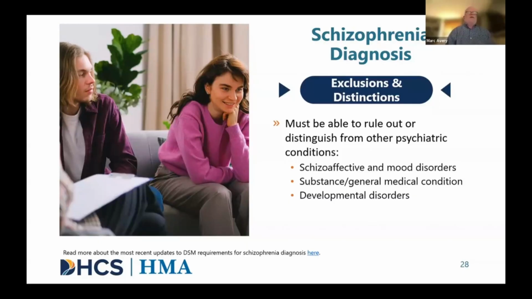You also have to rule out that the psychosis is due to a substance use condition, as that would make the other diagnosis the correct one, or a general medical condition. Again, an alternate diagnosis would be correct. And it can't be related specifically to a pervasive developmental disorder. These criteria help clinicians to make sure that they're not misdiagnosing schizophrenia that is actually a different diagnosis in the DSM.